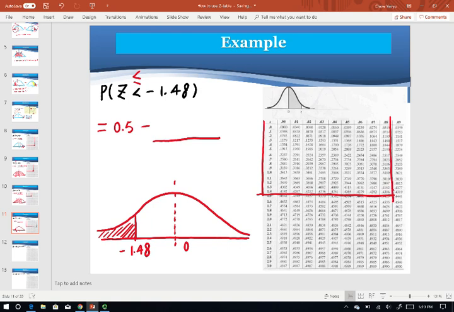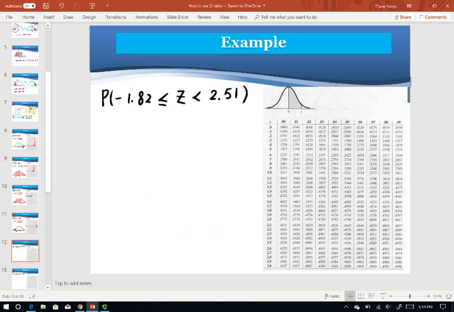The crossing is the table value, so it will be 0.4306. And you can calculate the result yourself. Okay, so this is smaller than, maybe smaller than a positive, maybe smaller than a negative. So draw the curve, shade the area, and you will find the probability: 0.5 plus or 0.5 minus.